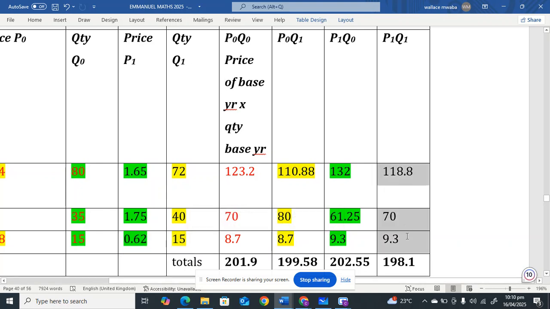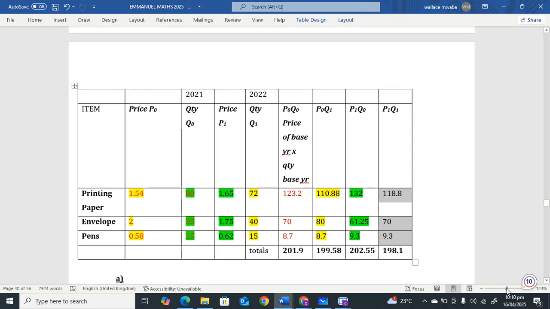When you total these three up, what do we get? So, colleagues, this is the first thing that you need to do.